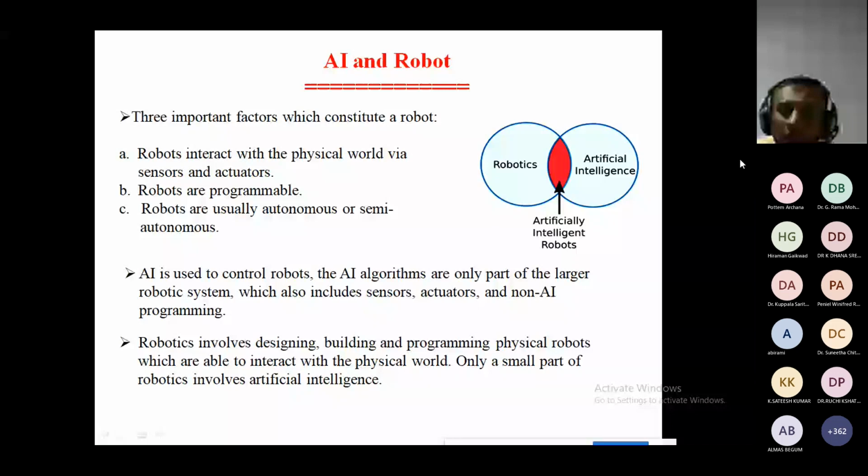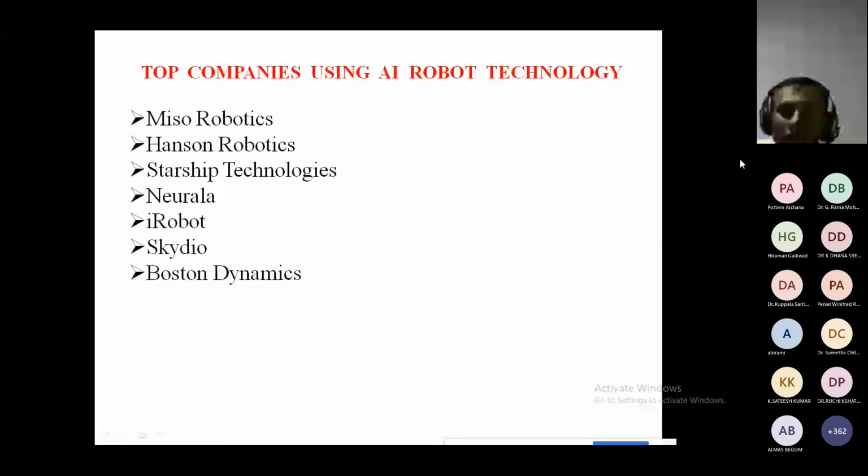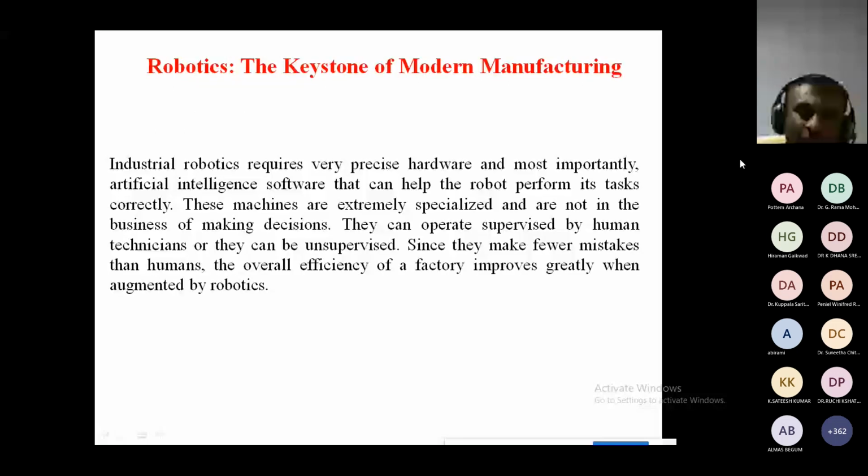The top companies using AI robot technology nowadays are Misco Robotics, Hanson Robotics, Starship Technologies, Neurala, iRobot, Skydio, Boston Dynamics. These are now in a very much emerging area and developing AI-based robots. In the coming future, robotics with the AI system will be the main part of the modern manufacturing system.